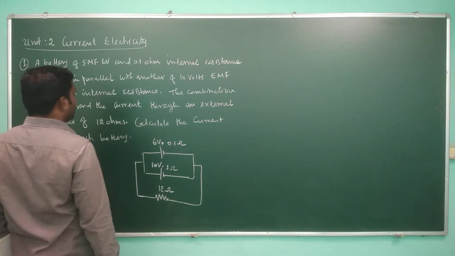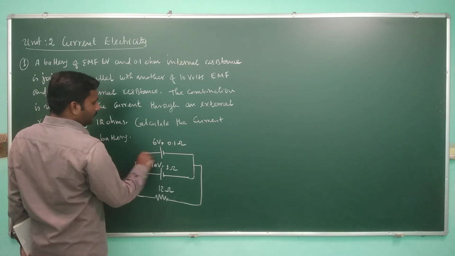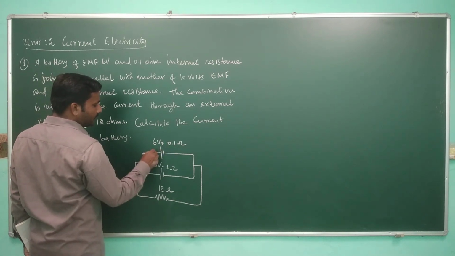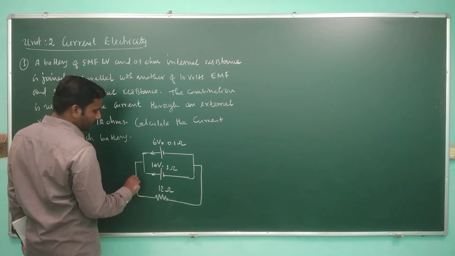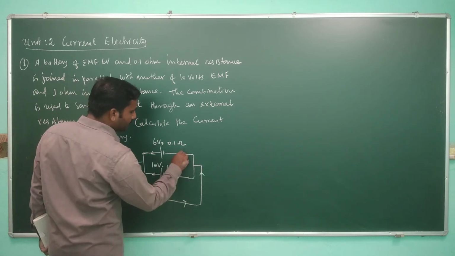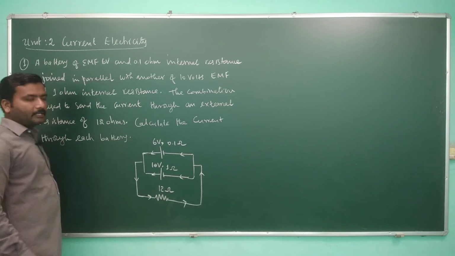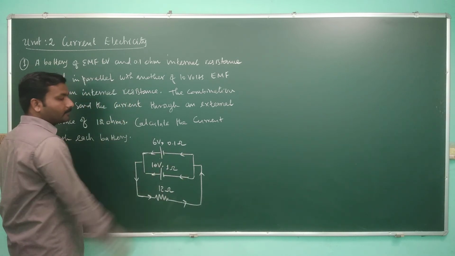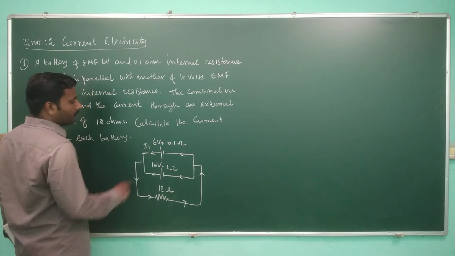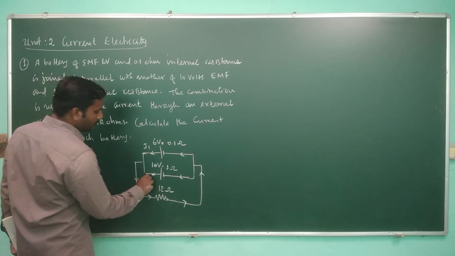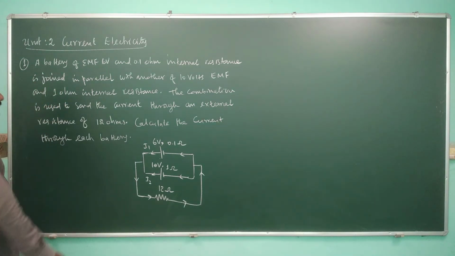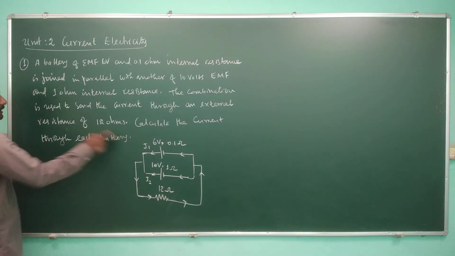Okay, and now current is flowing from minus to plus. It is flowing this direction. Here also this direction, so it will flow this direction. You can draw this direction of the current like this. Current will flow from minus to plus on both sides. Now if you say that current flowing through the battery 6 volt is I1 and the current flowing through the battery 10 volt is I2, then calculate the current through each battery.